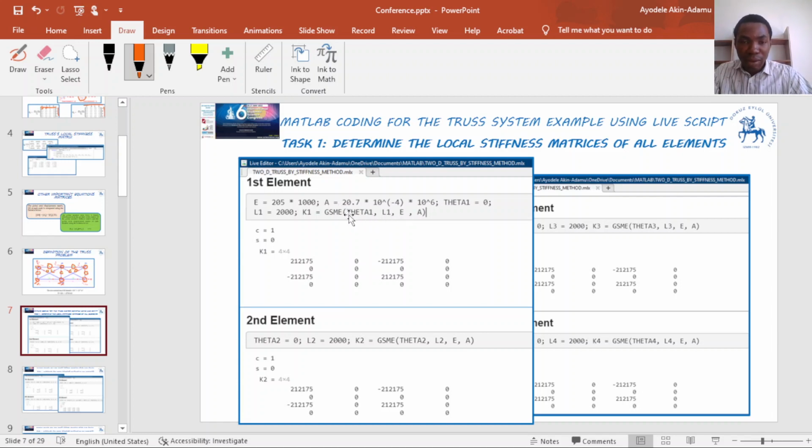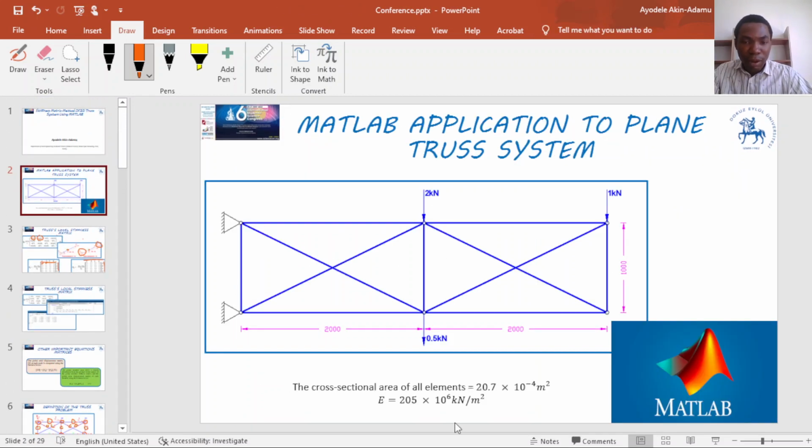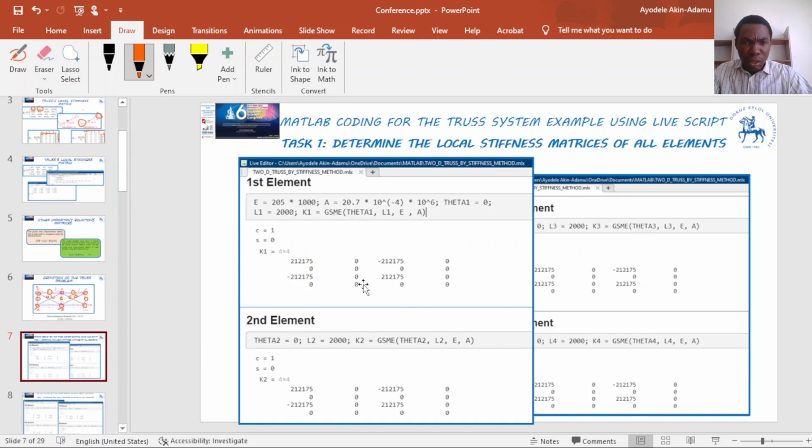For you to use this function, first we need to define our Young modulus. For this problem, the Young modulus is 205 gigapascal. I've said that already. The area is 20.7 times 10 to the minus 4 square meters. So I define E, denoting my Young modulus, as 205 times 10 power 3 Newton per square millimeter.